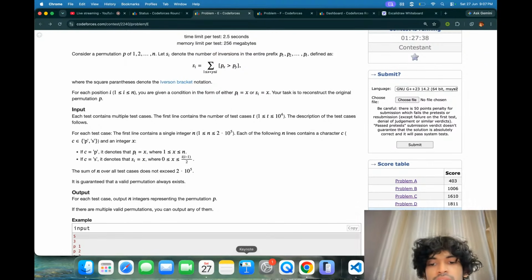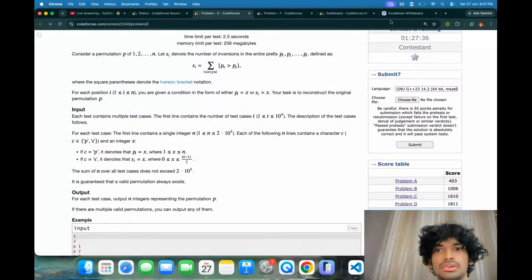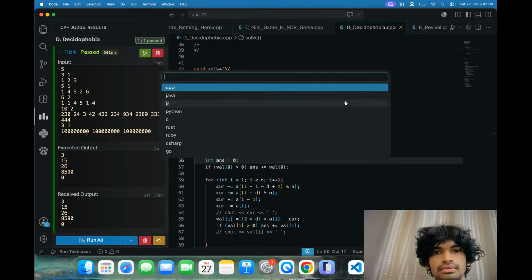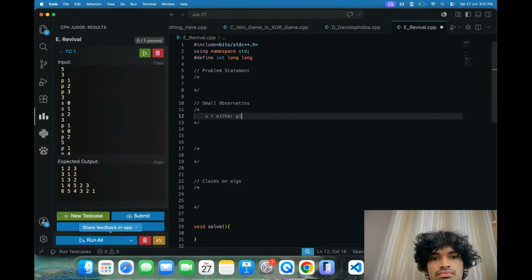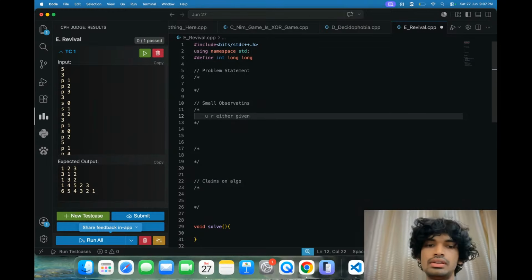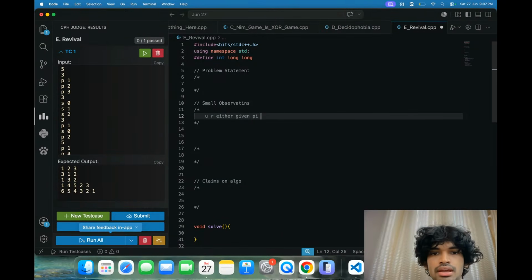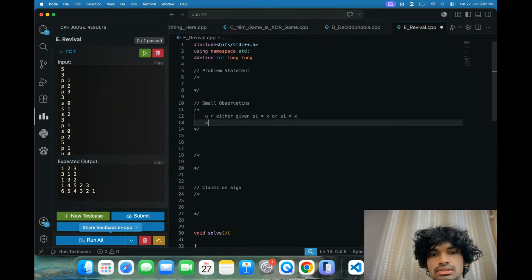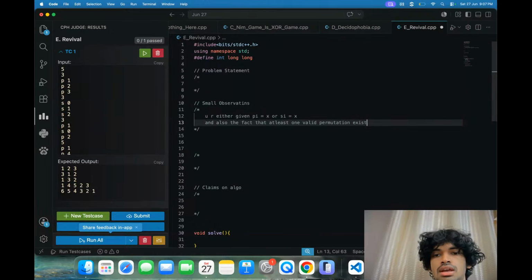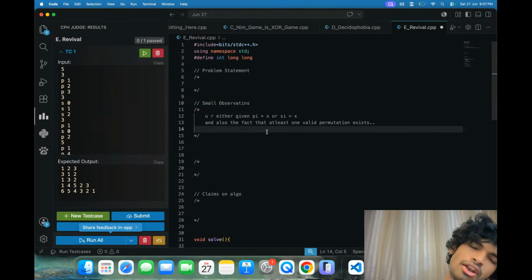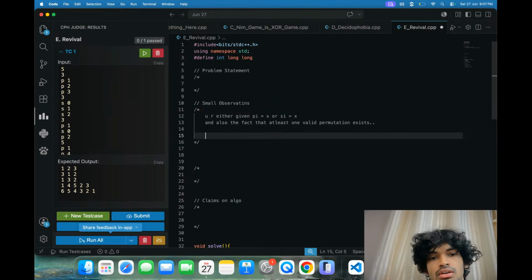What we have to do is get a solution as quickly as possible. You're either given p_i equals x or s_i equals x, and also the fact that at least one valid permutation exists. Using these three, you have to logically deduce at least one valid permutation.